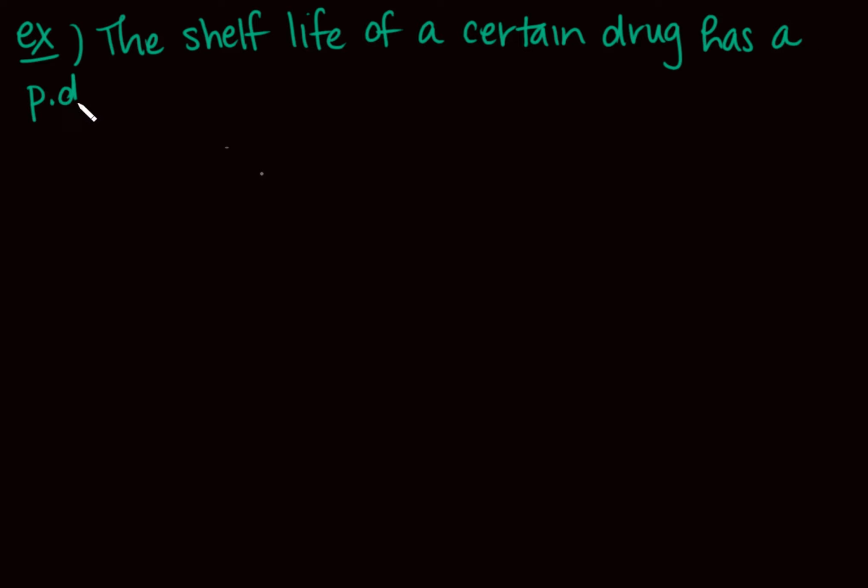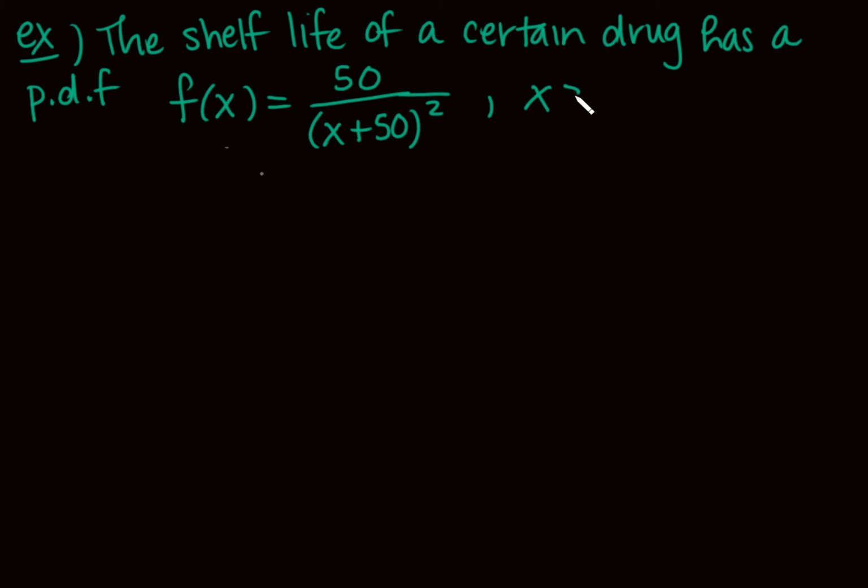Okay, I'm going to be lazy. I'll just give this to you. It's f of x equals 50 over the quantity x plus 50 squared, for x greater than or equal to 0.